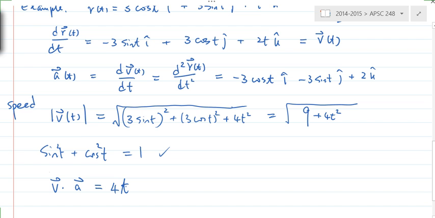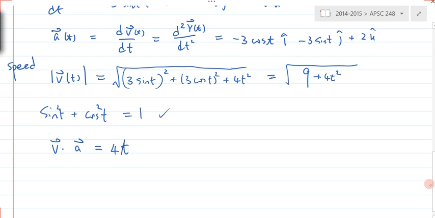Where did the 4t squared come from? We're looking at the norm, the magnitude of this vector here. The magnitude of this vector is the square root of the square of this plus the square of this plus the square of this. So that's where it's from.